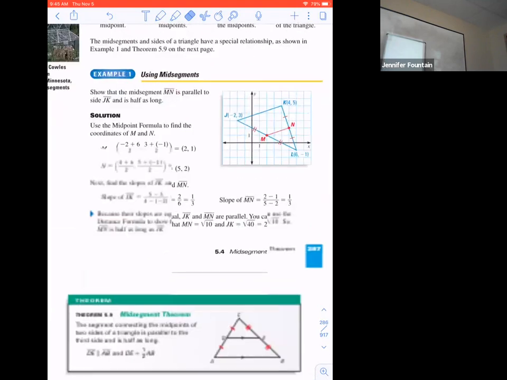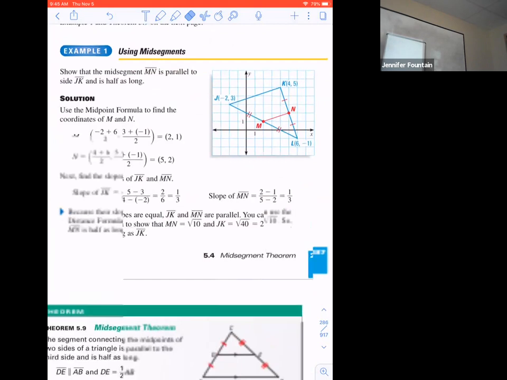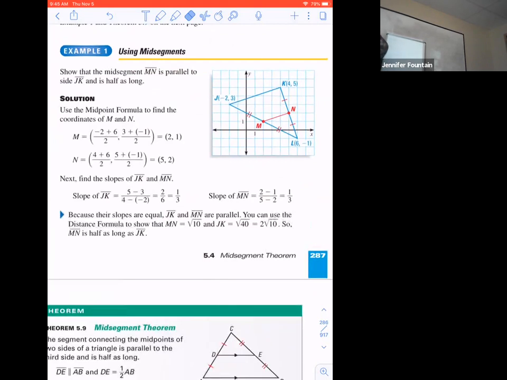So look at example 1. It says, show that the mid-segment MN is parallel to side JK and is half as long. So if I'm talking about midpoints, what formula do you think you're probably going to need to use? The midpoint formula, x plus x divided by 2, y plus y divided by 2.